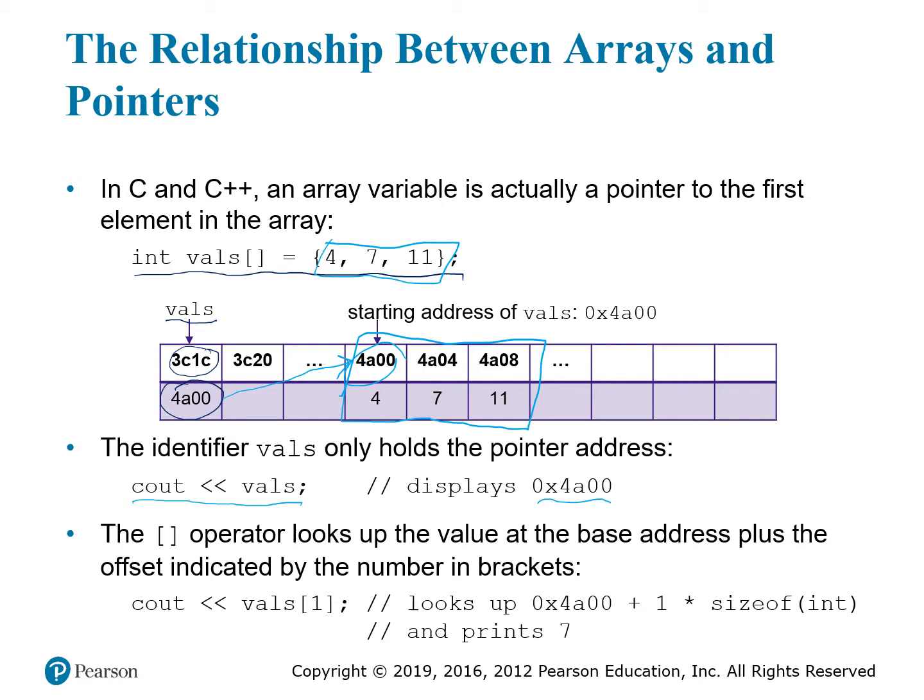So if I call vals at 1, that's essentially like using the star operator on a pointer, except it knows not just to look at this address, but to then add 1 to that and get my second item in the array, which is 7.